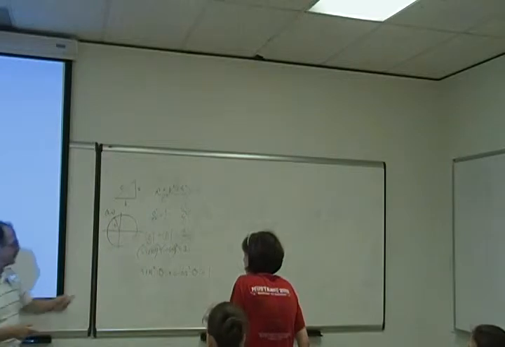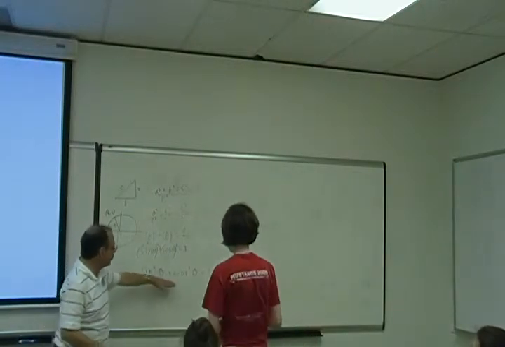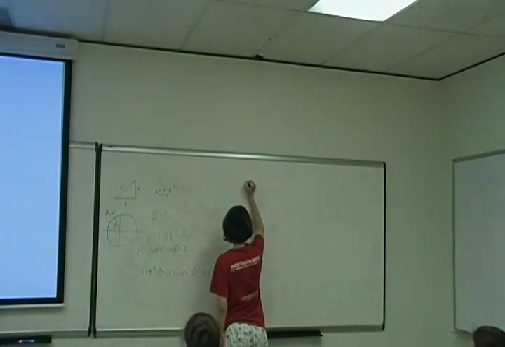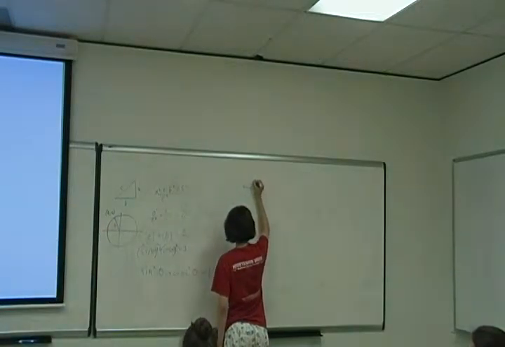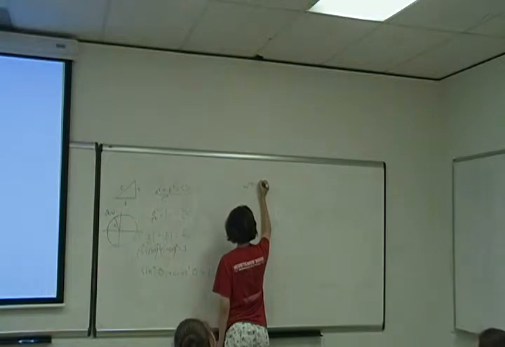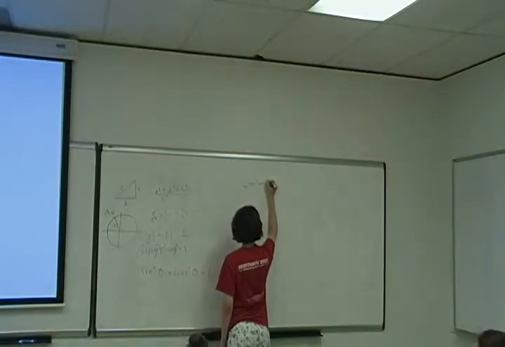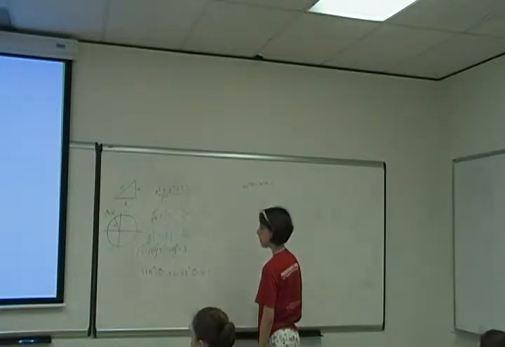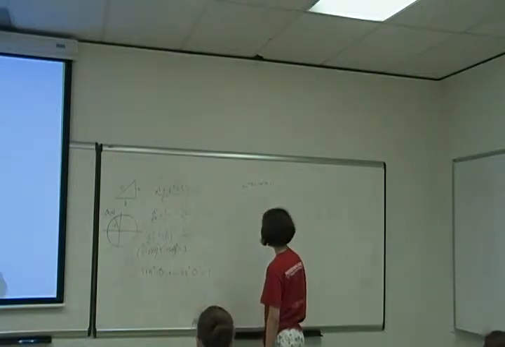Okay, Audrey, here's your pen. Start with this equation. Write it down again. Okay, divide both sides by cosine squared of theta.